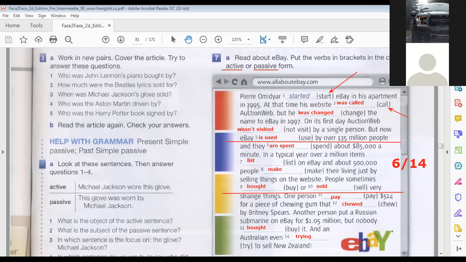I think it's right. Yes, correct. But why is it correct? Was called: subject and verb to be. But why is the passive used here? Why didn't we say at that time his website called Auction Web?